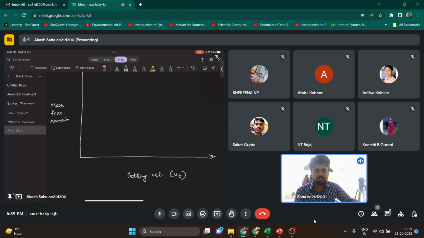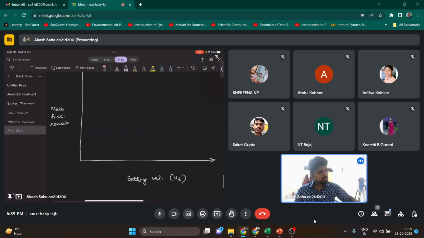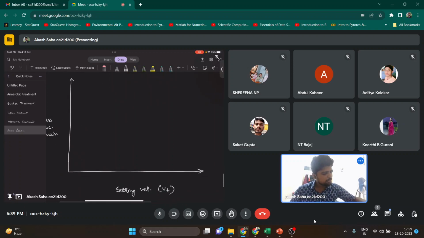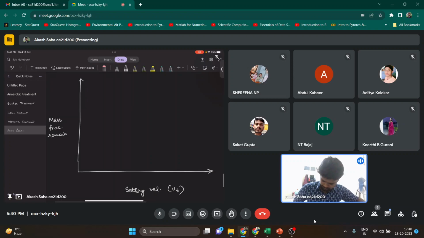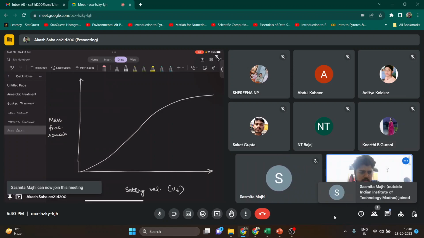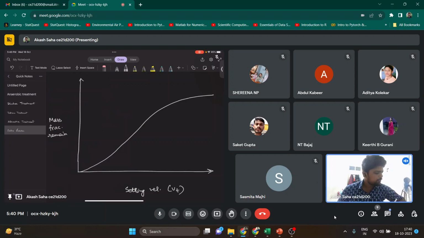With these x and y values, if we plot a graph, we will get some S-shaped kind of curve.